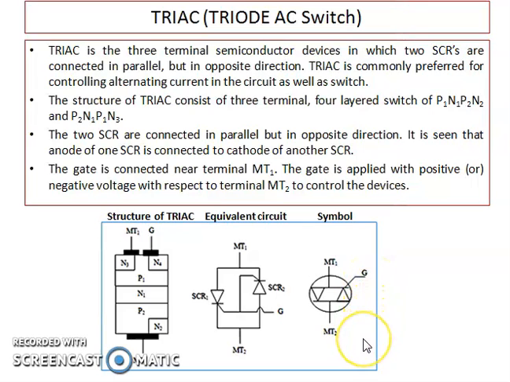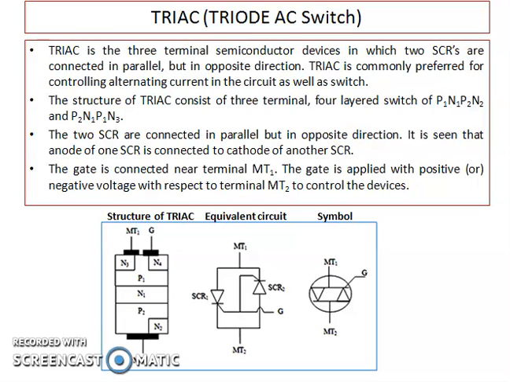Even though it has many layers, we have only 2 main terminals, which we call main terminal 1 and main terminal 2. And the gate is connected near the terminal MT1. The gate is applied with a positive or negative voltage with respect to main terminal MT1 to control the device.